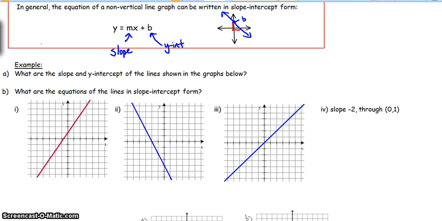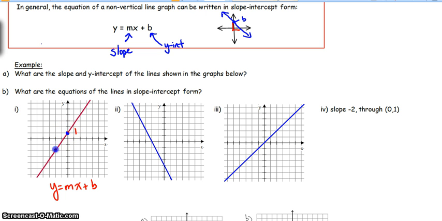Now that we know that little shortcut, let's see if we can figure out the equations of these lines by simply looking at them. We now know the equation of a non-vertical line is y equals mx plus b. So we first have to identify b, which is 1, and count out our slope. How do we figure that out? I need 2 clear points.